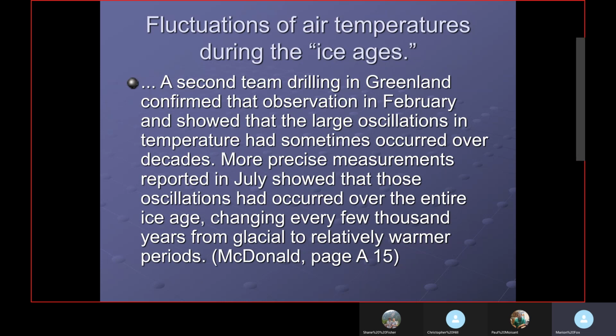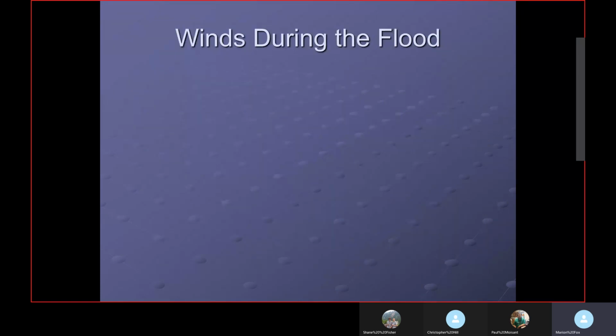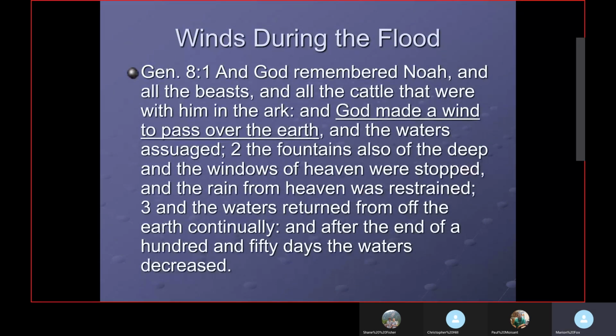So the ice chronology. Again, they've made assumptions about what these layers represent. More precise measurement reported in July showed that these oscillations occurred over an entire ice age. So it went back and forth, changing every few thousand years from glacial to relatively warmer periods, according to MacDonald. Again, they're assuming this ice took thousands and thousands of years to deposit, which I don't believe it did.